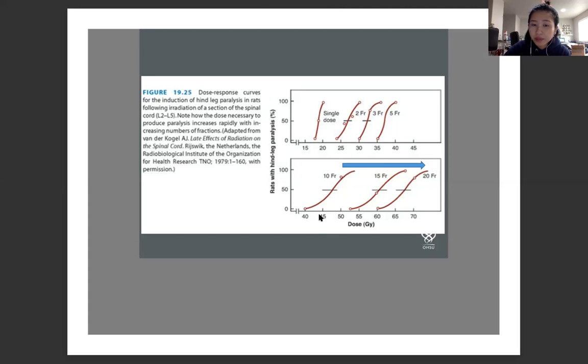But if you give a patient 40 gray, which is considered a large amount of radiation, but you divide it into 10 days, 10 fractions, so 40 gray divided by 10 is 4 gray a day, that is still not a realistic amount of radiation to give our patient, because for normal treatment we cannot exceed 1.8 to 2.0 gray.